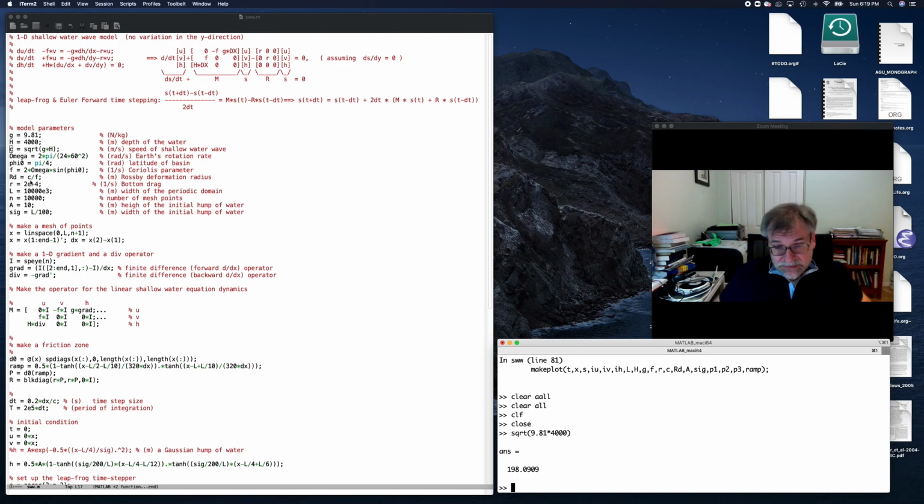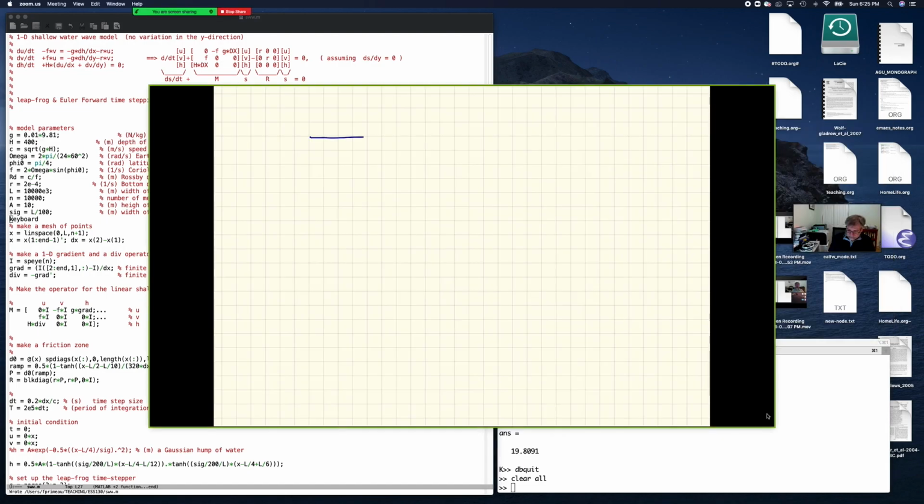And one way to do this is to imagine that the interface we have at the surface between the water and the atmosphere is really the interface between two layers of water in the ocean. This would be the sea surface at z equal to 0.